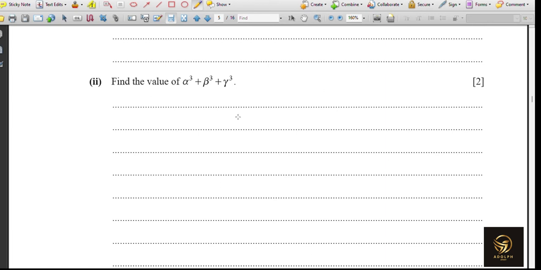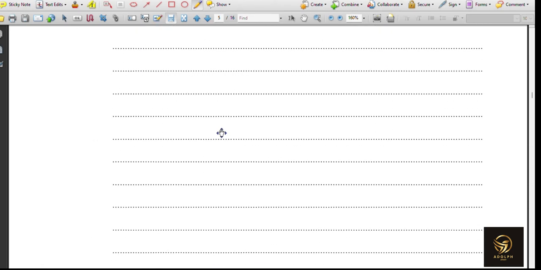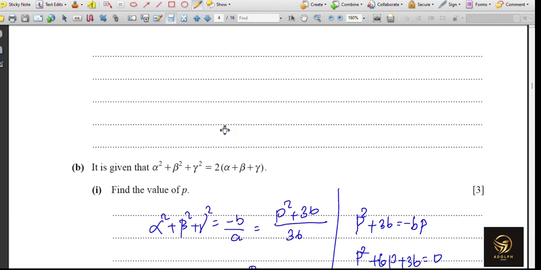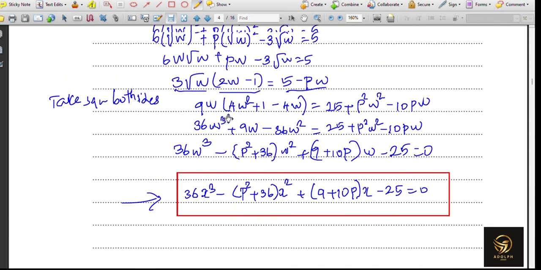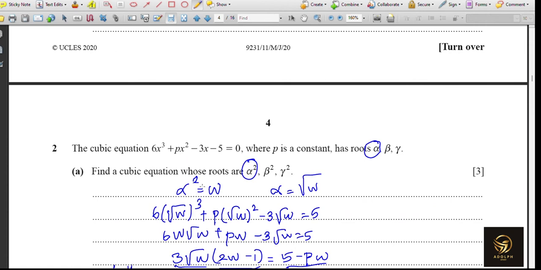Next we have to find the value of alpha cube plus beta cube plus gamma cube. Basically we will denote this as S3, and this S3 can be related with the given equation. So the given cubic equation can be related with this, which means x cube will be related with S3, x square will become S2, then x will become S1, and in the same equation if you substitute it, then you'll be getting the answer.